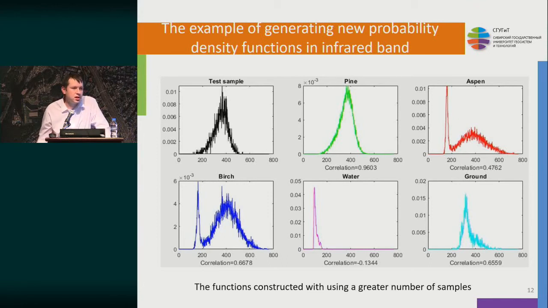For example, this is the example of generating probability density functions for aspen trees, with all the resulting brightness differences. The number of sections was 5 for each tree species, and then for water and for the ground.